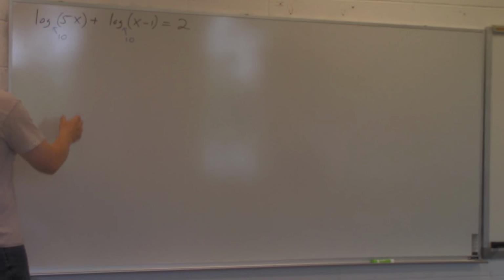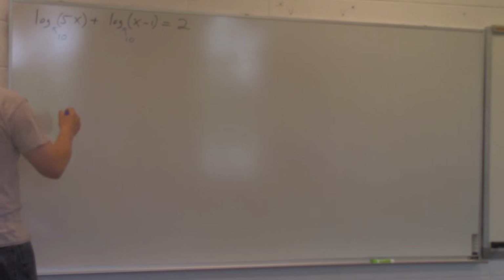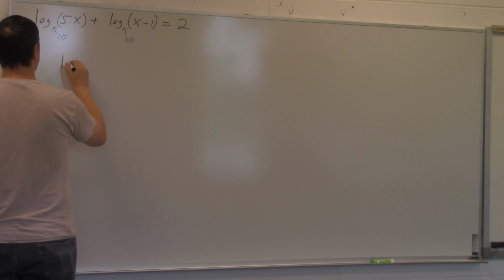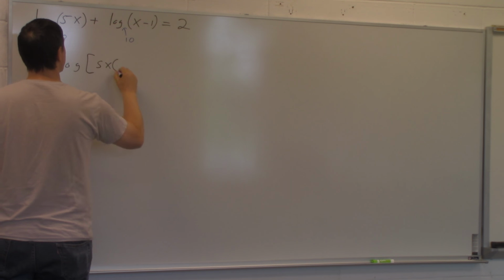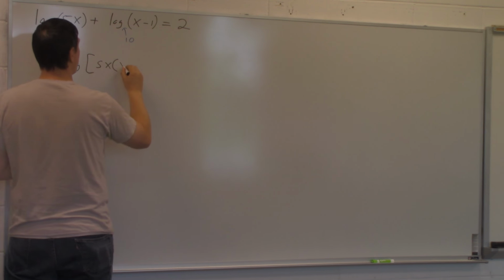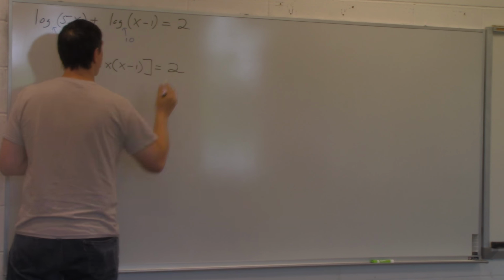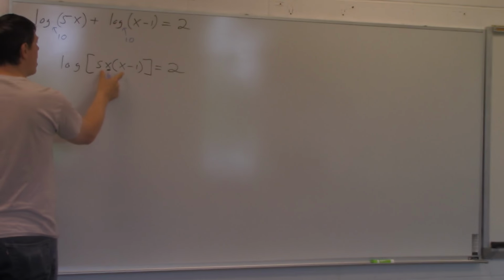So we can use rule number 1 from our list of properties of logarithms, and we can write this as log of the quantity 5x times (x minus 1). And again, we're allowed to do that because when we had the plus sign, that says we can multiply and turn it into one log.